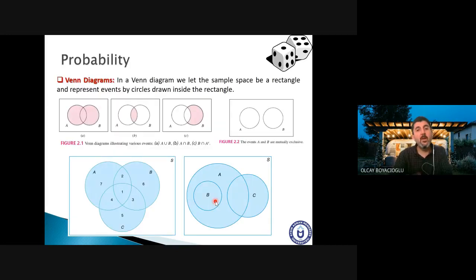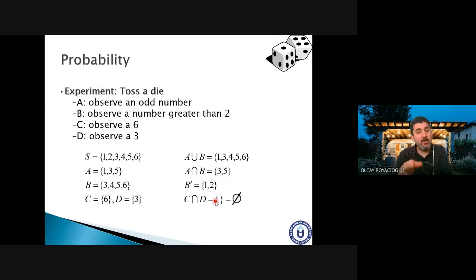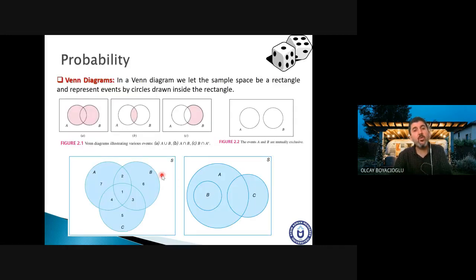So by writing this way, we can also show this kind of relationship by showing Venn diagrams, which is like a middle school knowledge for you. In a Venn diagram, we let the sample space be a rectangle. This rectangle generally, outside rectangle, is the entire sample space.